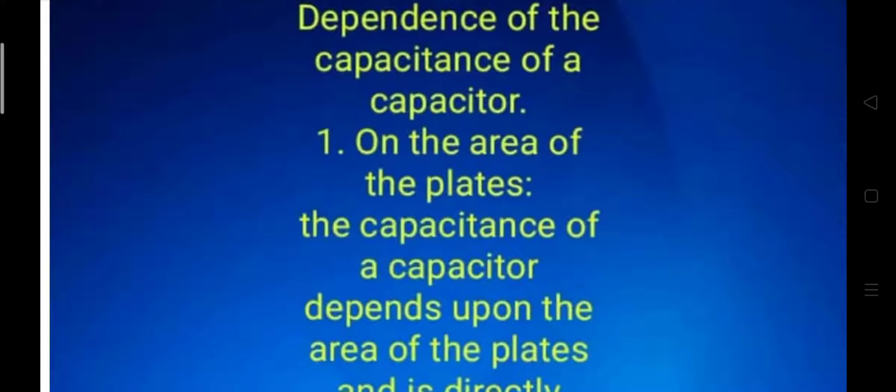Next we have the dependence of the capacitance of a capacitor. The capacitance of a capacitor depends upon the following factors. First, on the area of the plates. The capacitance is directly proportional to the area of the plate.